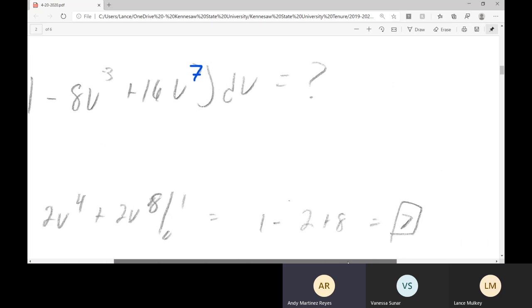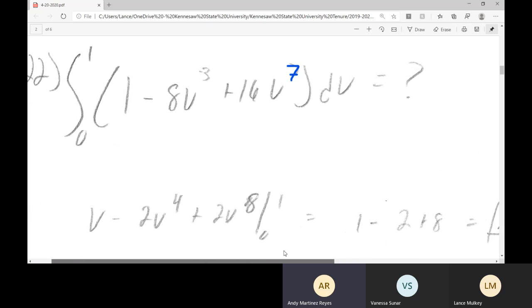I did 2v to the -1 to -4 by accident. I forgot the negative. That's a -3, isn't it? A negative minus a negative is higher. That's a +3. Yeah. Okay.